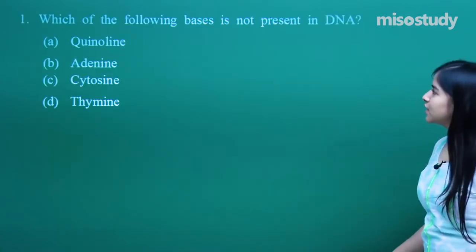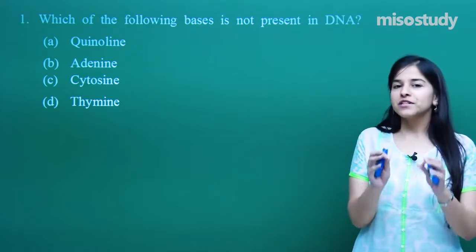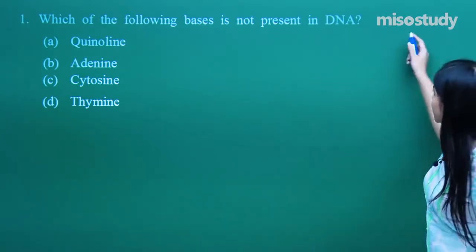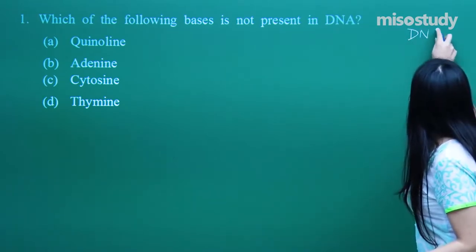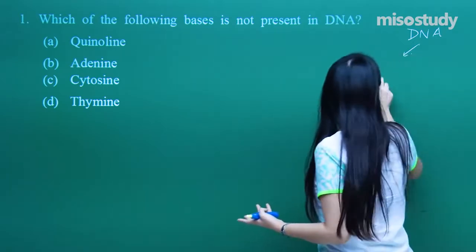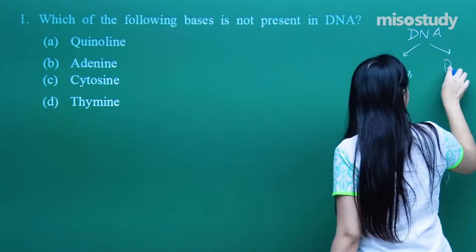Which of the following bases is not present in DNA? You must have proper knowledge of DNA, so let us try to recall that. DNA has two kinds of bases, purines as well as pyrimidines.